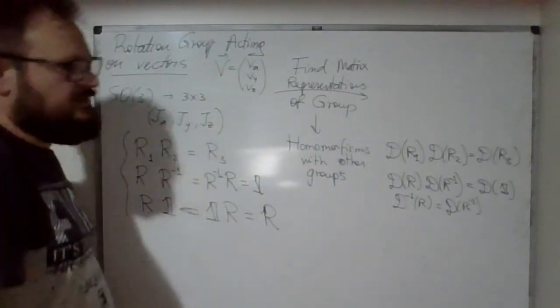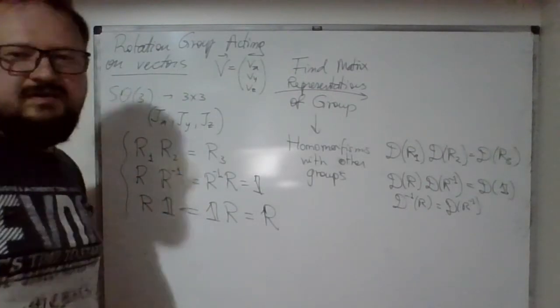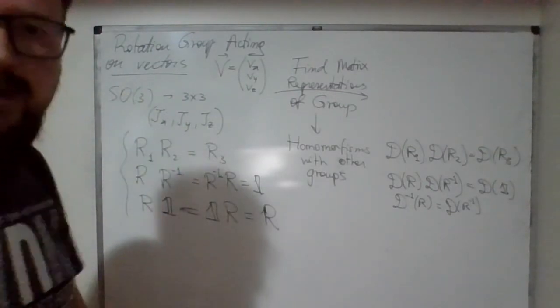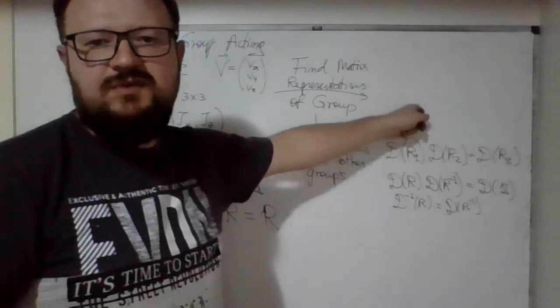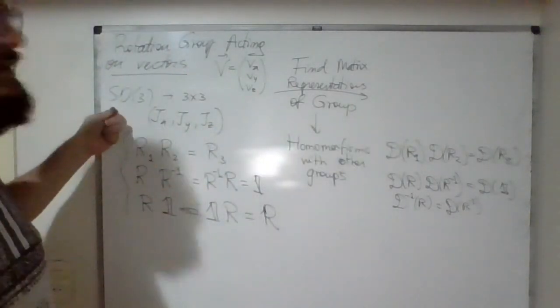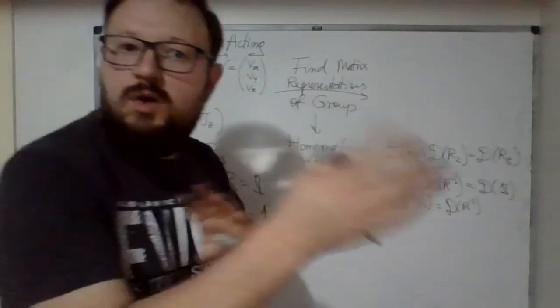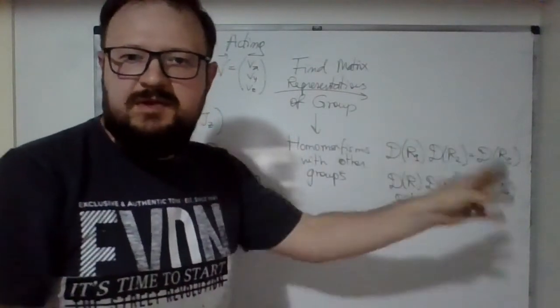And of course, there must be an identity. So you need to put the objects into correspondence in a matrix representation.